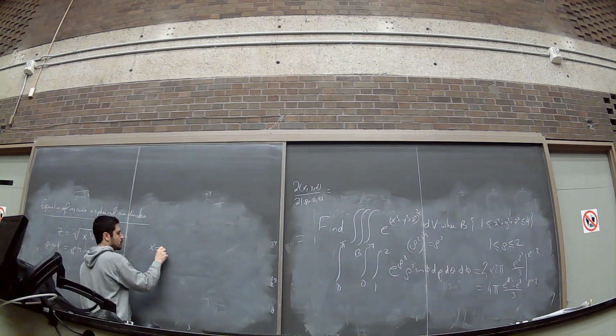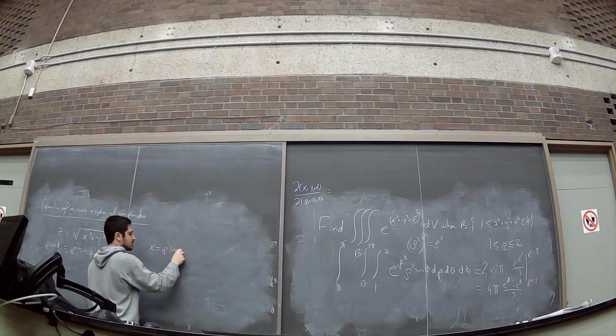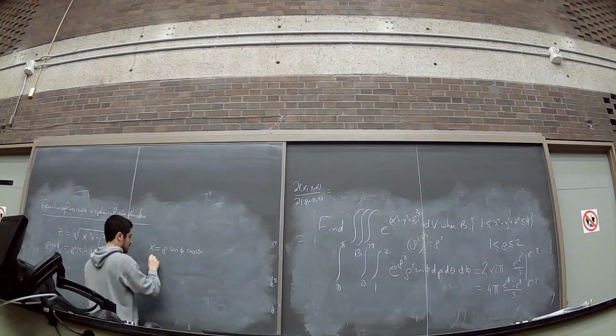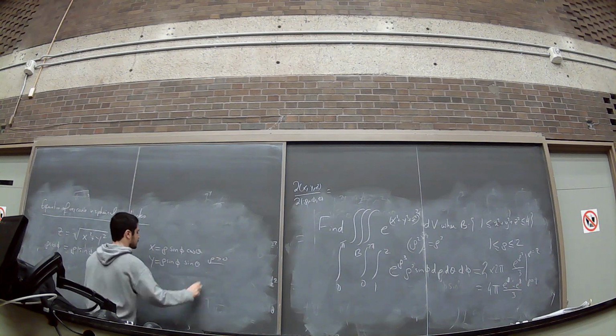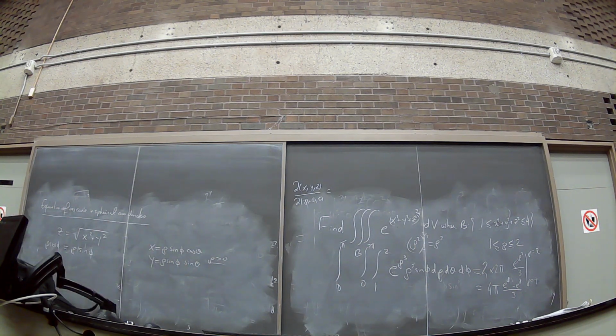If x is rho sine phi cos theta, and y is rho sine phi sine theta, and rho is of course positive, x squared plus y squared would be rho squared sine squared phi, so rho cos phi will be equal to rho sine phi. What can I do here? I can cancel the rhos, provided I'm not at the origin. And I get that cos phi is equal to sine phi.